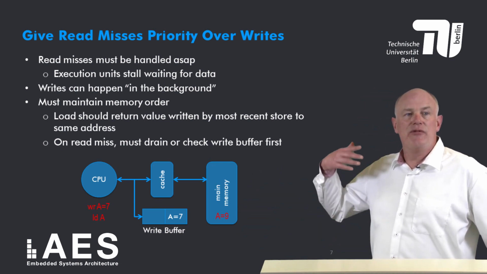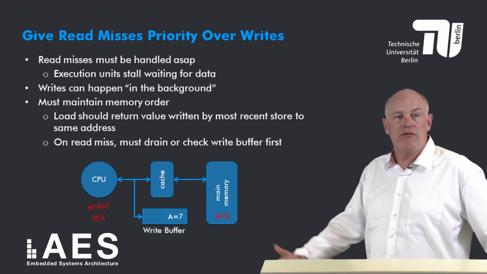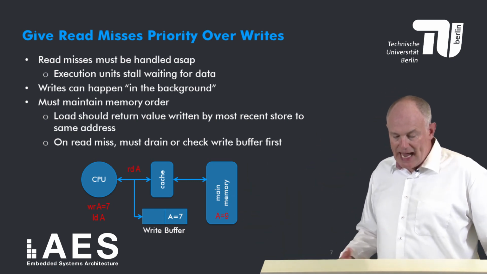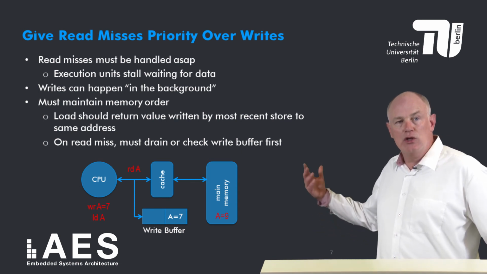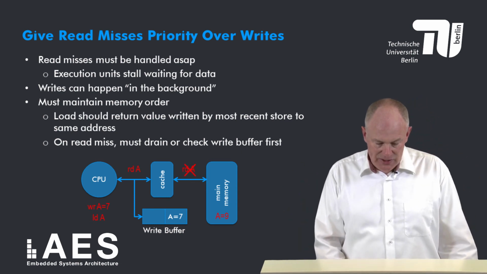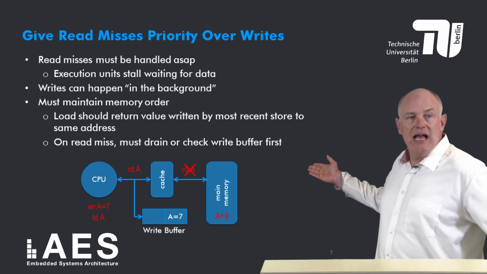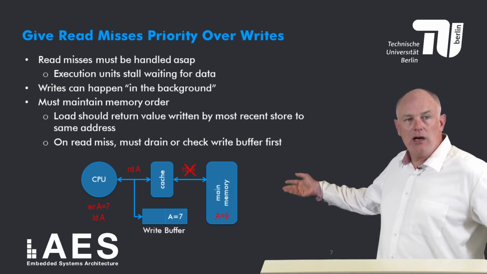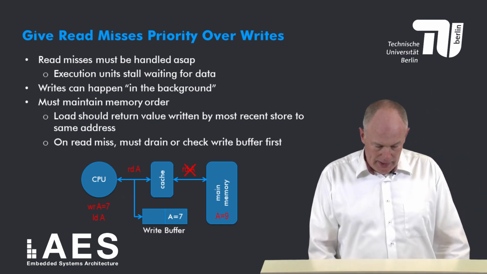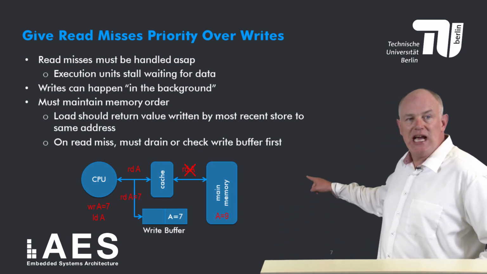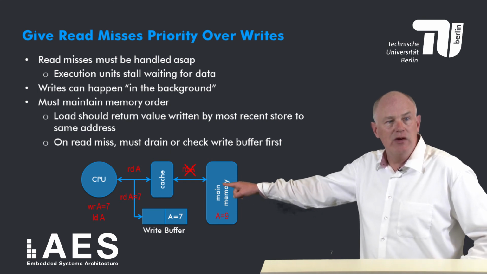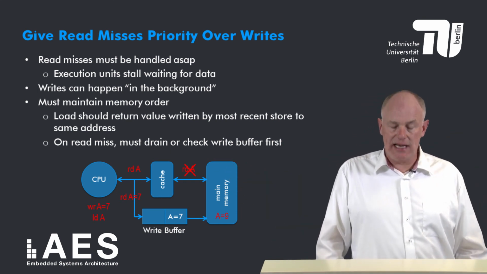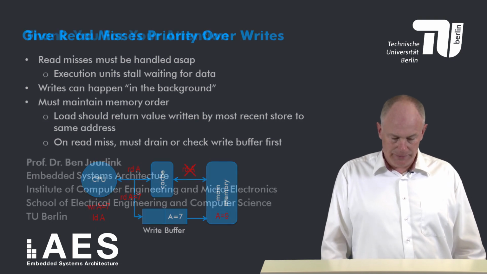If we give the read of a priority over the write, it would go to the cache or to memory and fetch the wrong value, namely the old value 9. This is not allowed. We must maintain memory order, so the read of a should check the write buffer first and return the value 7, if the newest data is still in the write buffer.